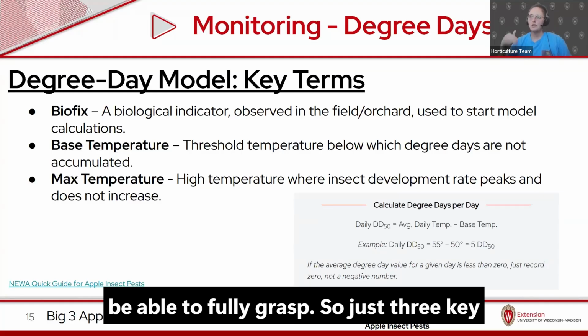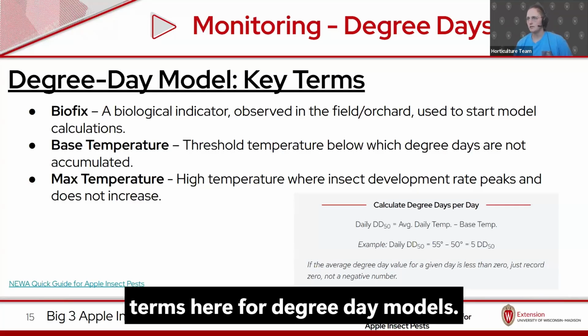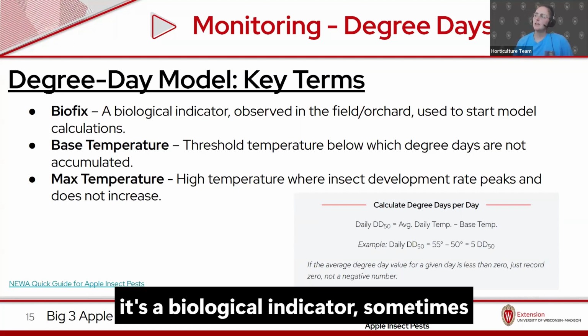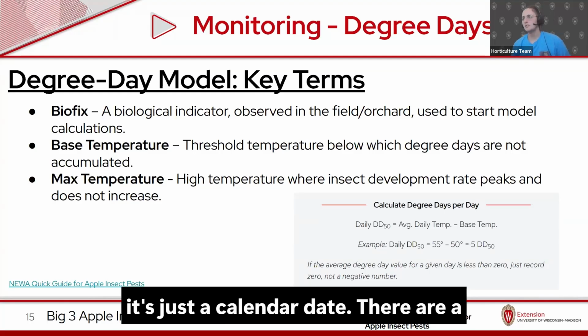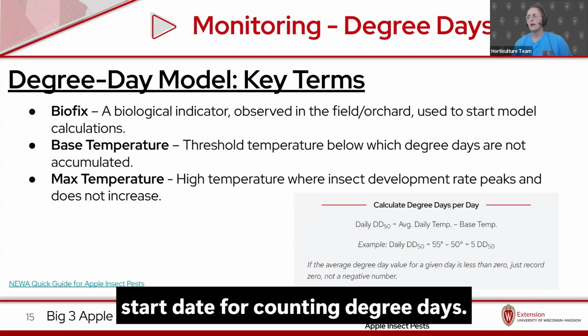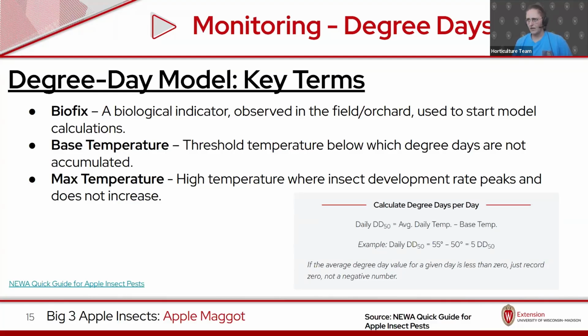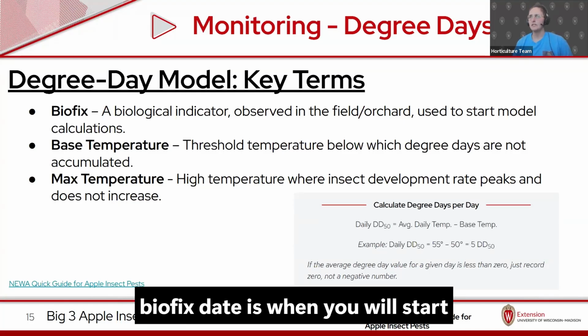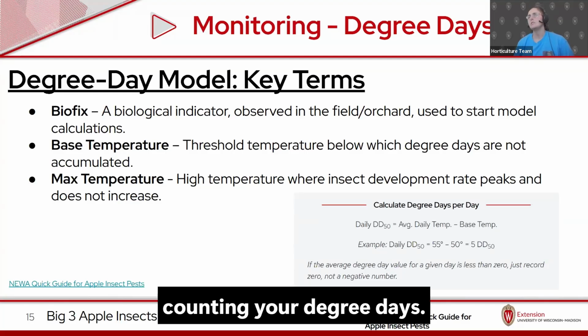So just three key terms here for degree day models. Biofix, that is when sometimes it's a biological indicator, sometimes it's just a calendar date. There are a lot of models that use January 1st as a start date for counting degree days. So that biofix date is when you will start counting your degree days.